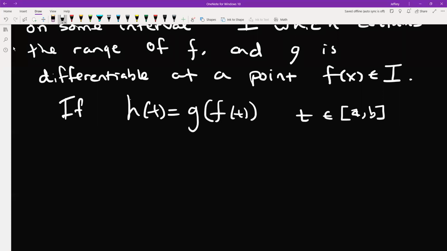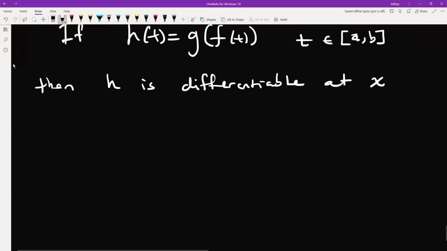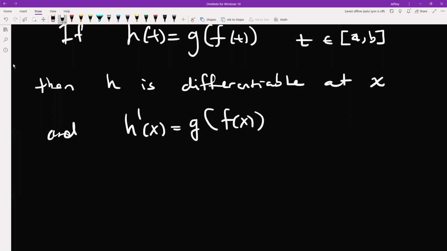And now we're going to say then h is also differentiable at x, and h prime of x is g prime of f of x times f prime of x.